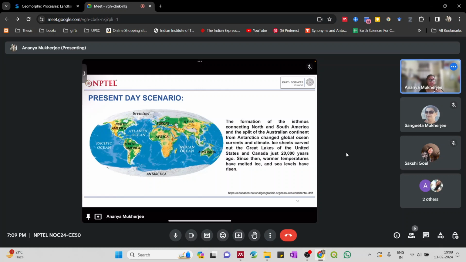Okay, so this was the present-day scenario, and the last thing that had happened was the Australian continent separating from Antarctica.